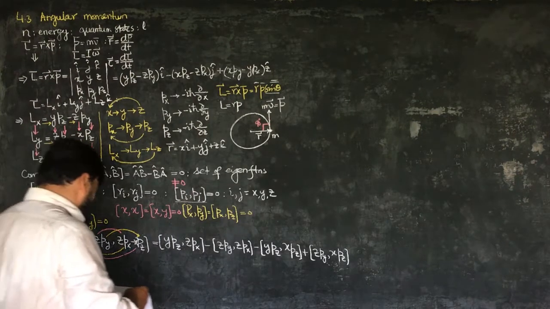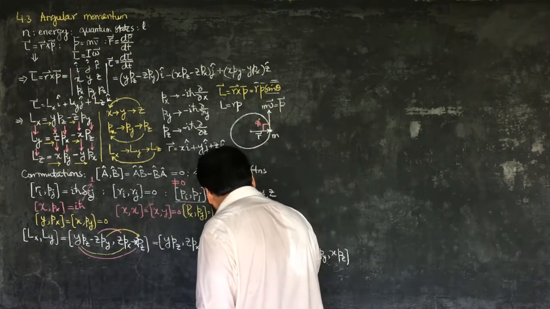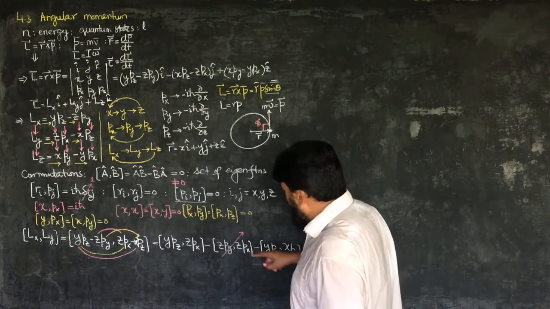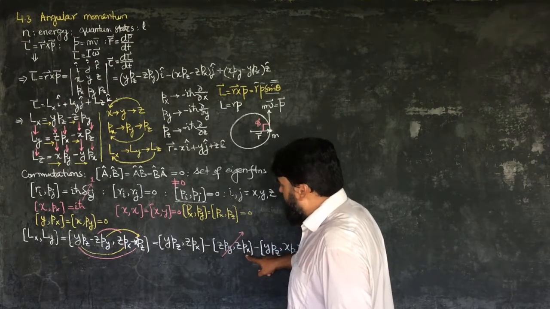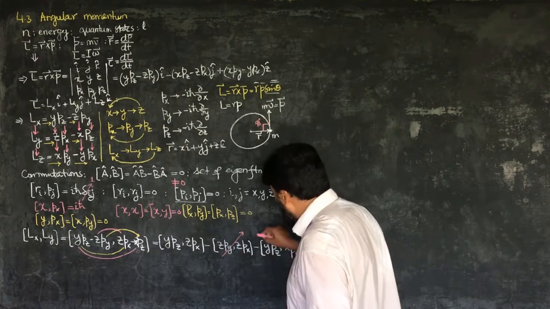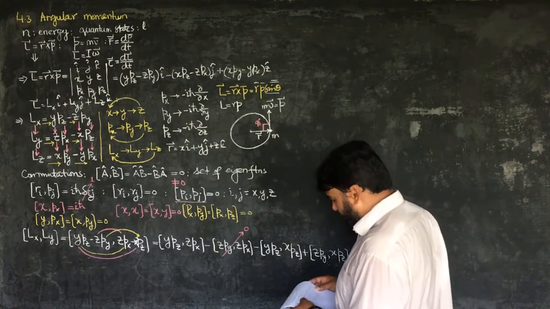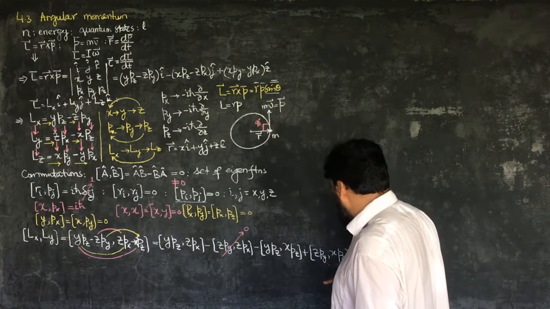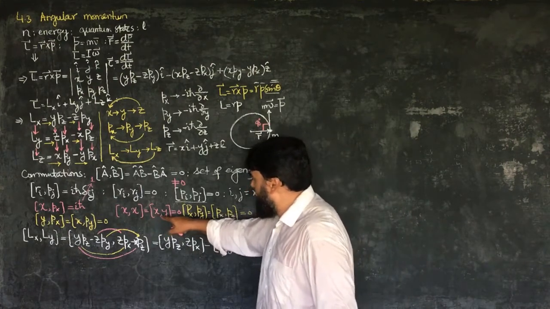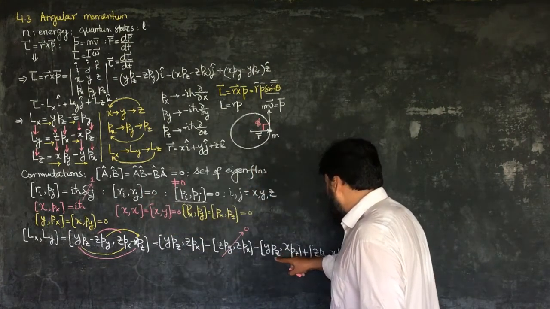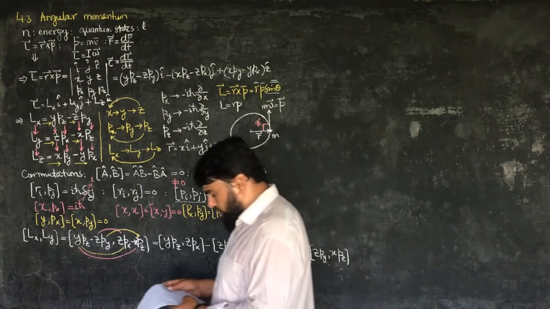So I can write that these all can commute. I can expand this one as well, but as here is zz, they are commuting, and py and px are commuting with each other. So this thing is equal to 0. Similarly, if I look here to this one, now y and x are commuting with each other, and pz and pz are commuting with each other. So this one is equal to 0.